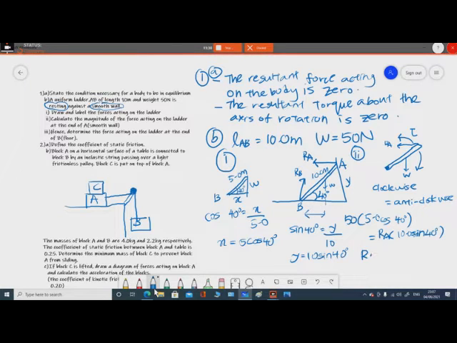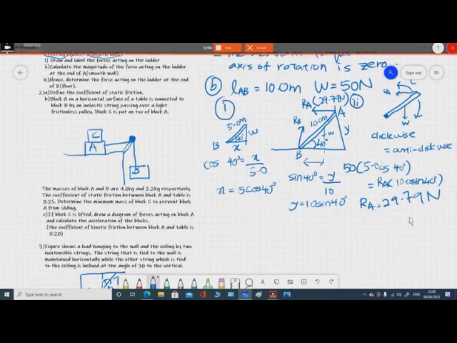So RA will be 55 cos 40 divided by 10 sine 40. So what we get is 29.79 Newton. So this is for part 2.